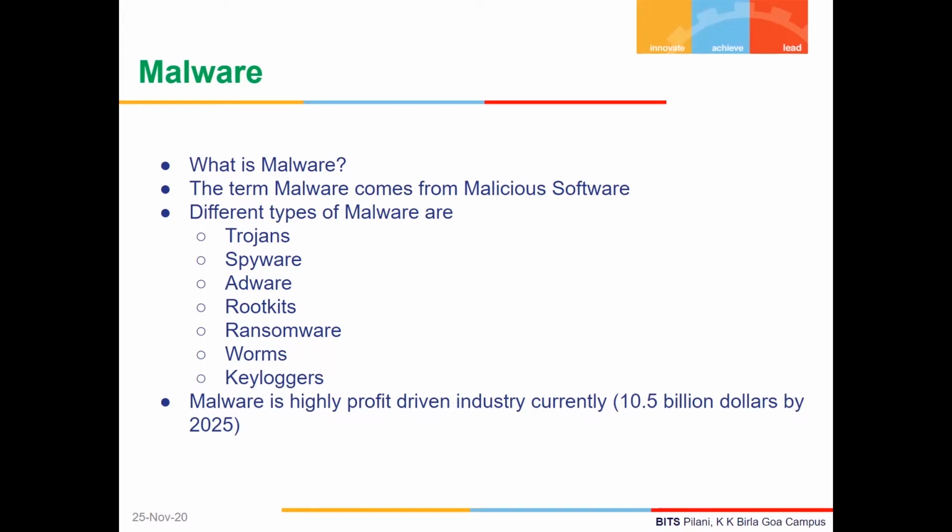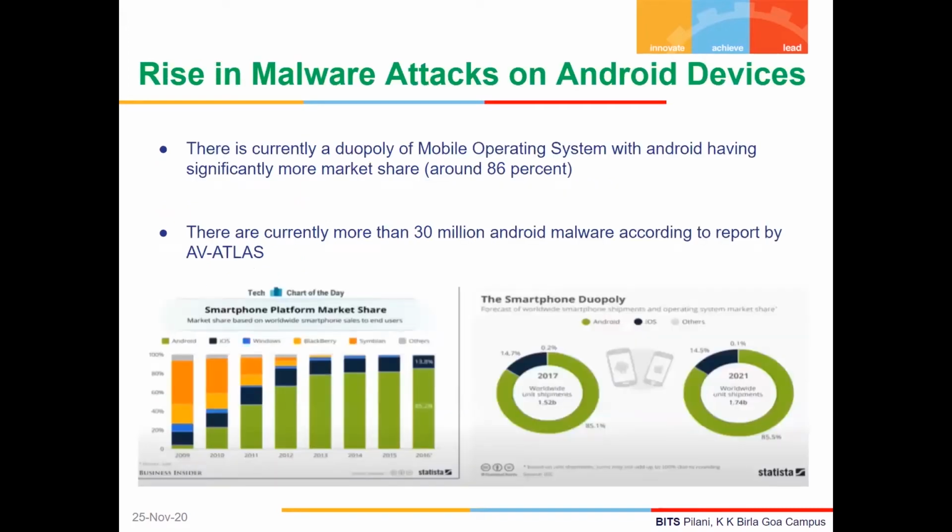Malware is a high profit driven industry, and it is projected to be worth about $10.5 billion by 2025. There is currently a duopoly of mobile operating systems, with Android having significantly more market share, around 86%.